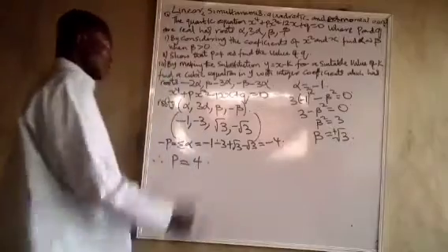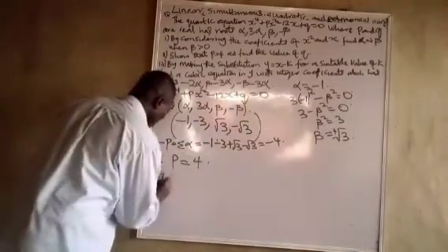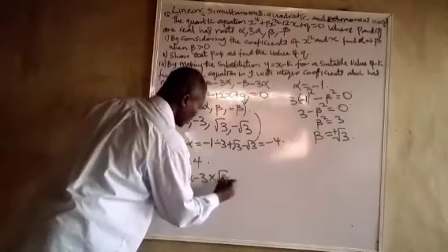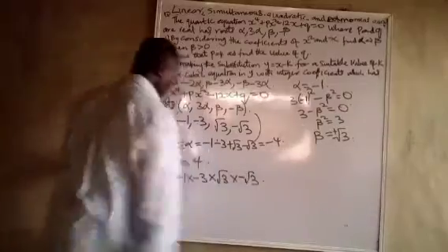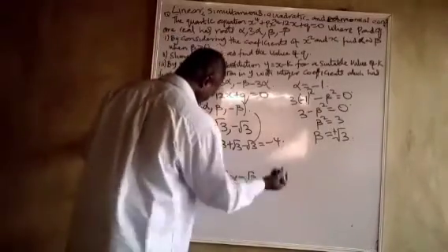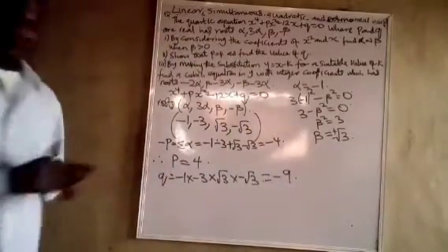It will be the product of all the roots. So q is minus 1 times minus 3 times root 3 times minus root 3. This one is 3, this one is minus 3, and q is minus 9. So that's the value of q, minus 9.